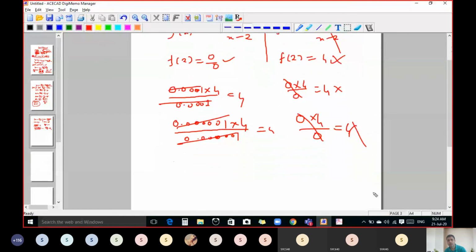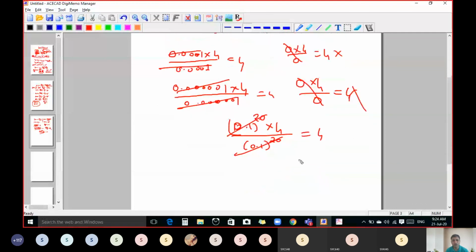See one more thing. Instead of this, if it is like this, 0.1 raised to 20 into 4 divided by 0.1 raised to 20, then also it is possible to cancel and we get the answer 4. Now see, if you have a calculator, you can calculate the value of 0.1 raised to 20.